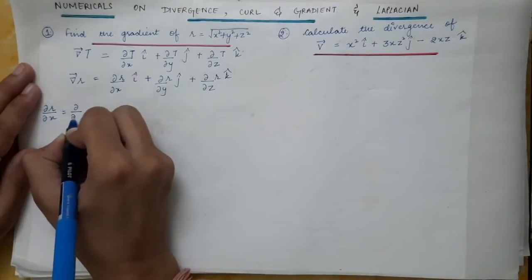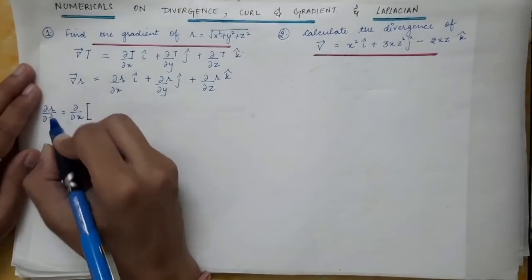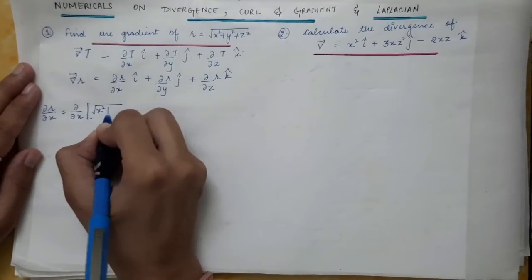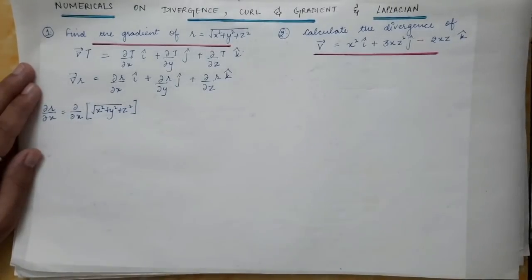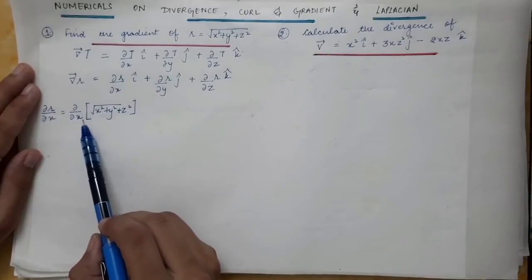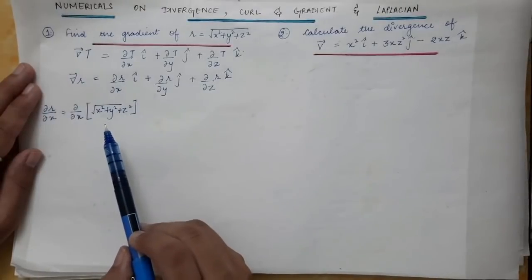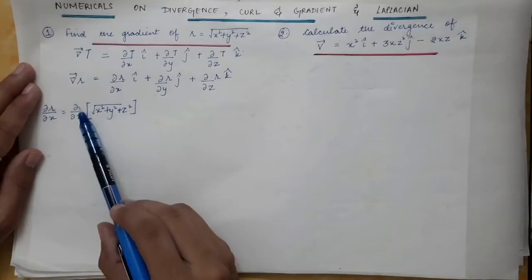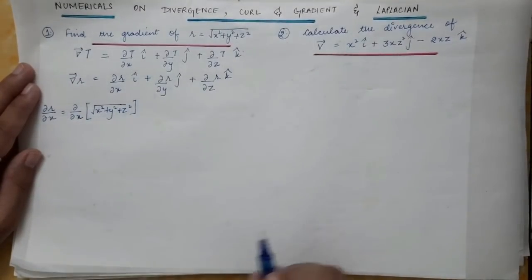First, the partial derivative of r with respect to x. It is operated on small r, and small r is given by the square root of x square plus y square plus z square. We are doing the partial derivative with respect to x, so only x will be the variable, and y and z will be treated as constants.